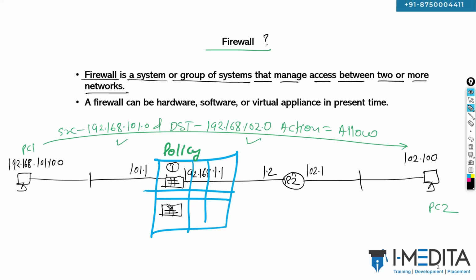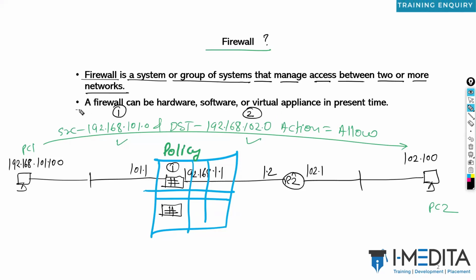A firewall can be a group of devices which will work as a single device. We can use multiple firewalls for redundancy purposes, and those firewalls will allow or manage access so that one network can communicate with another.